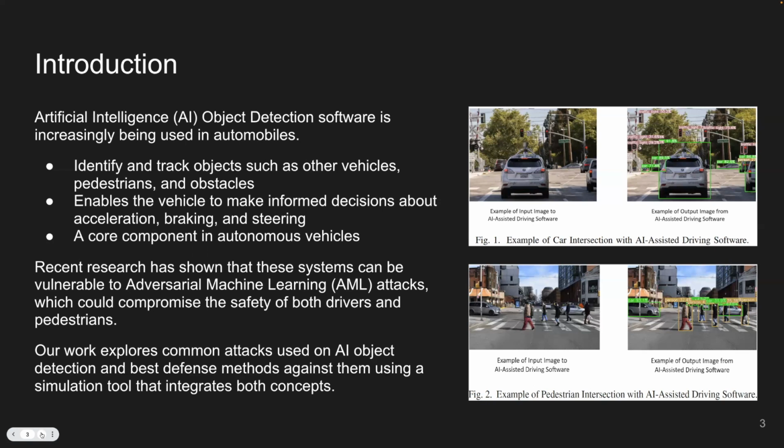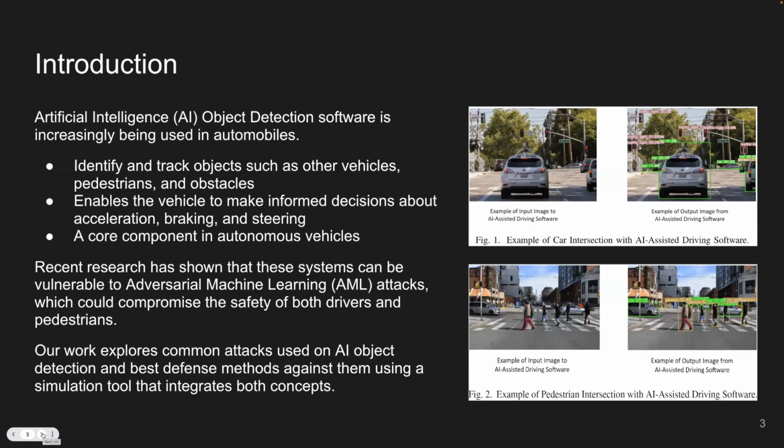So in our slide, figure 1 and figure 2 are just one of many examples of a typical context in which AI-assisted driving software would be expected to perform. We have a scene where a car is maybe stopped behind another car at an intersection. And if the car had AI-assisted driving software, this would be the kind of visualization that a user would see if we wanted to see what the software was analyzing.